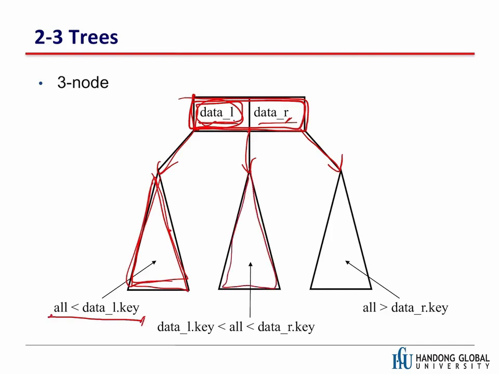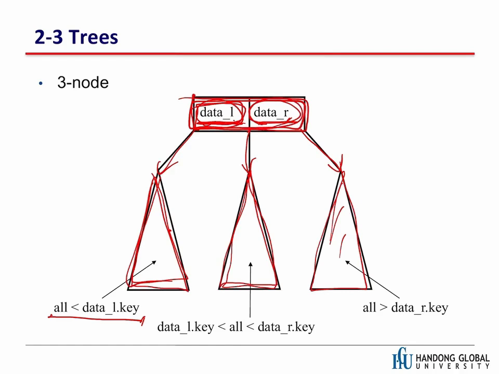And how about this one? All the keys from this subtree are larger than data L and smaller than data R. So this is the middle one. And how about this one? This one is the right subtree. All the keys from this subtree should be larger than data R. We assume that data L's key is smaller than data R, so we have to make sure that the left one is always smaller than the right one.